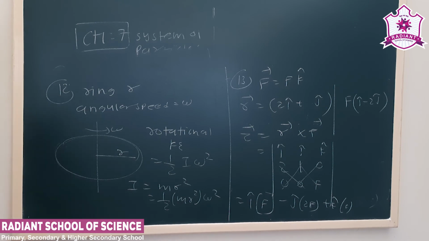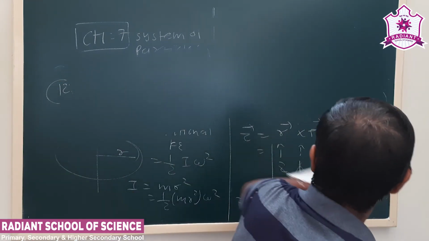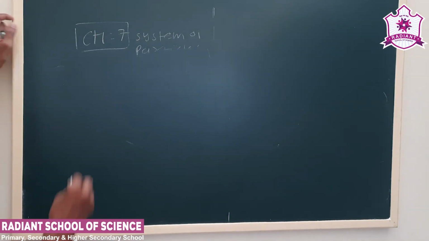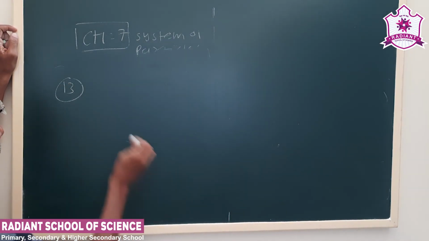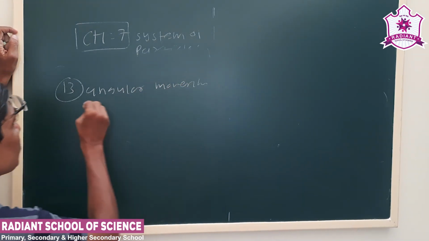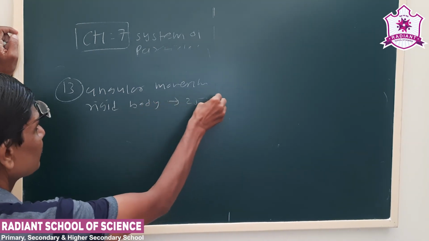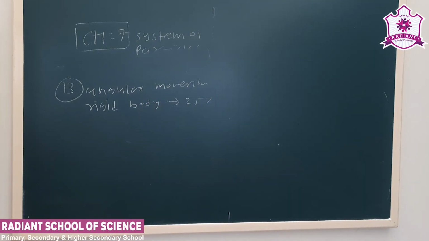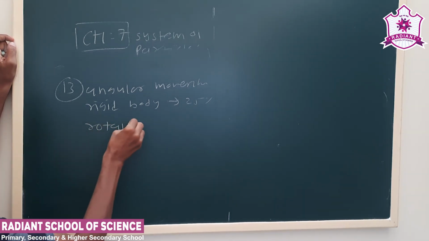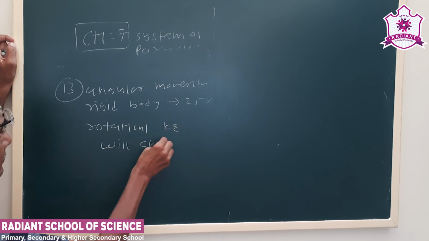Now see our next MCQ. See, if the angular momentum of a rigid body increases by 25%, how does the rotational kinetic energy change?